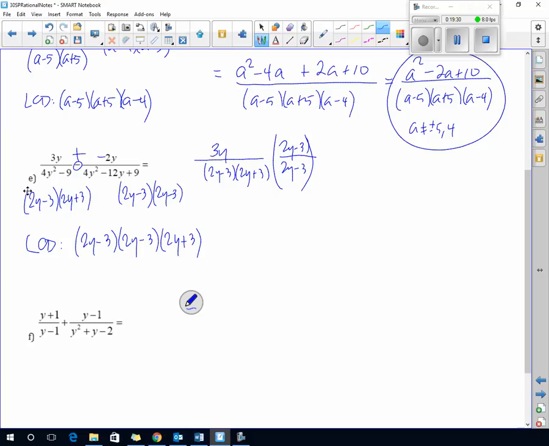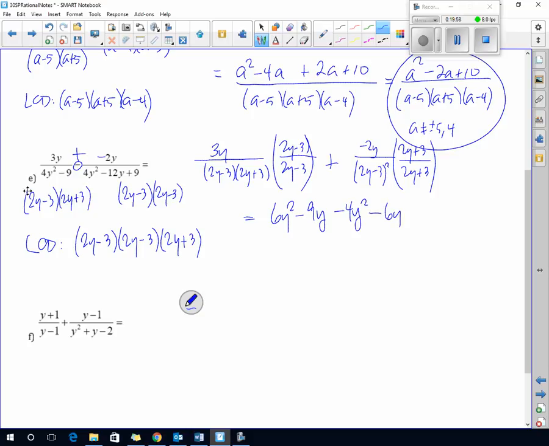So that's going to be multiplied by 2y plus 3 over 2y plus 3. Yes? So then I get 6y squared minus 9y minus 4y squared minus 6y all over 2y minus 3 squared, 2y plus 3.